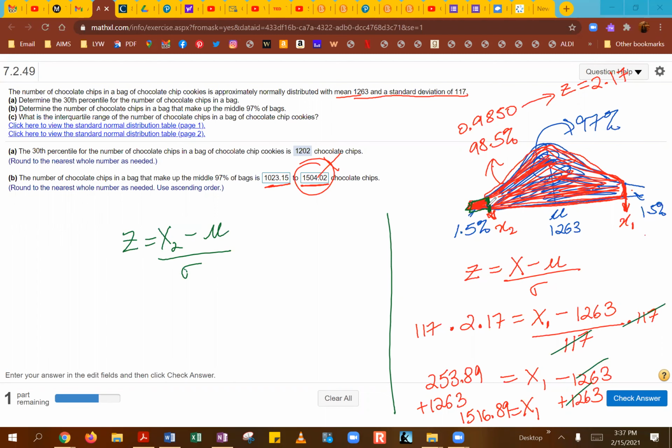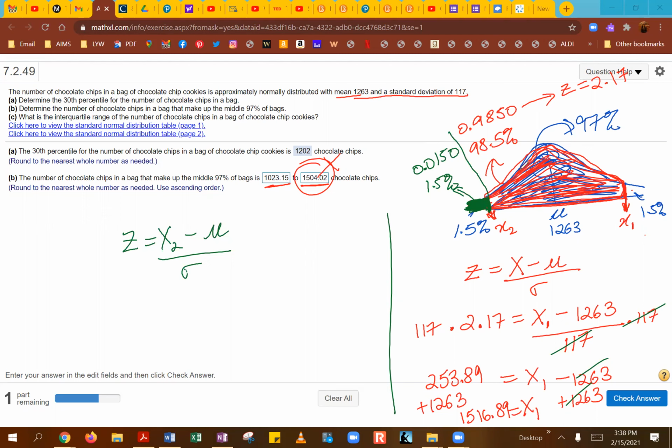So that means, as far as the area goes, you're just interested in this left-hand side of the tail, which has an area of 1.5%. So as a decimal, this guy will become 0.0150 if you just round it up to 4 decimal places.